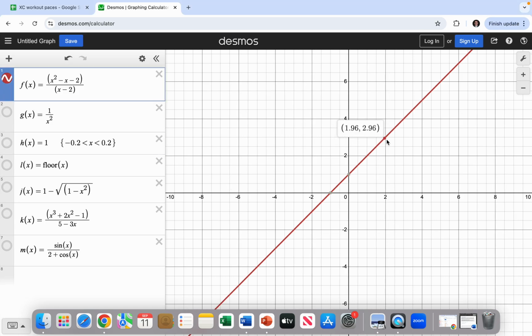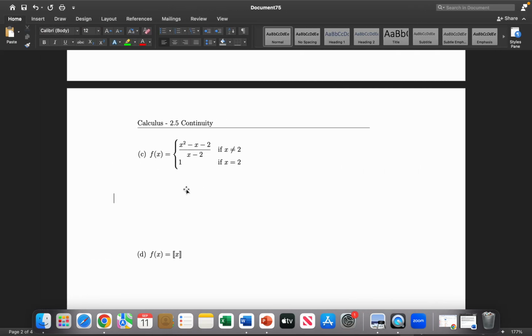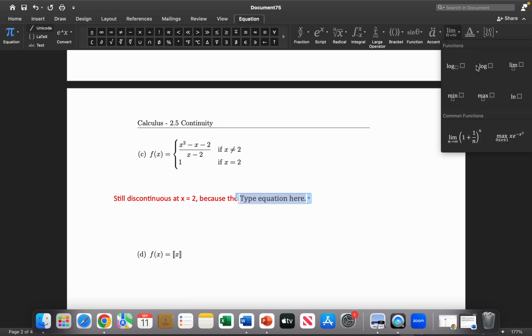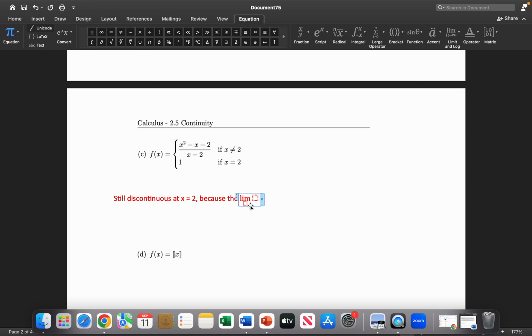Well, still, even there, the limit is supposed to be 3, but it's still discontinuous at x equals 2 because the limit as x approaches 2 of f of x is 3.